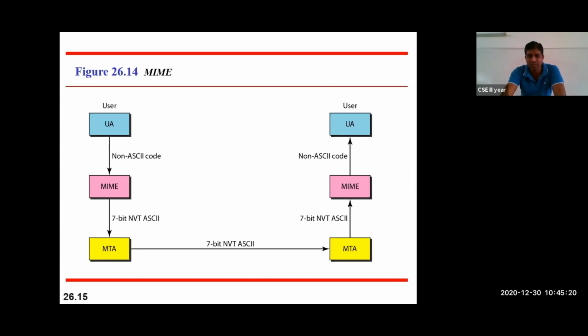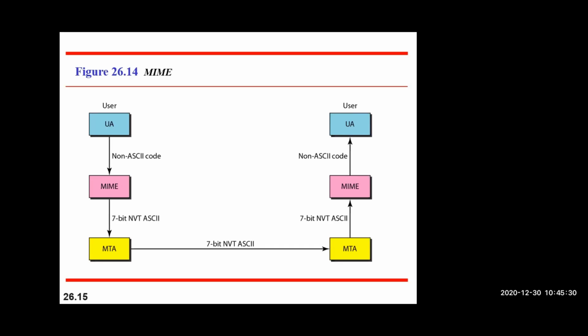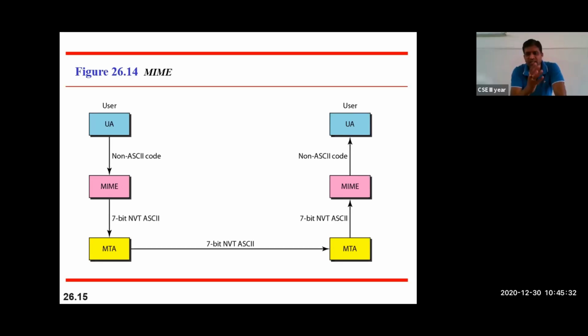I was sending a video yesterday. I can send an audio file. I can send anything. A lot of things can be sent, right? So if I am sending everything over email, I cannot use a 7-bit ASCII format to convert that data into zeros and ones. You will not get a 7-bit representation for everything, right? Only 7 bits, 2^7 combinations, right? You will not get it.